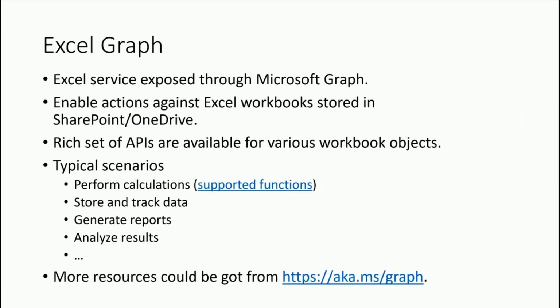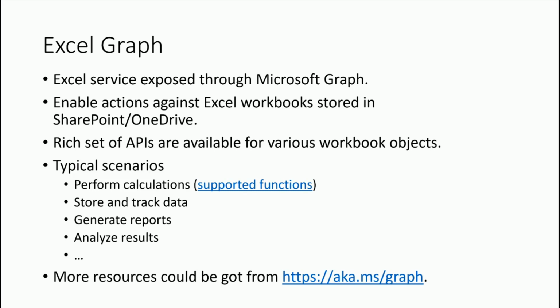Here is about the Excel Graph. This is the Excel service that is exposed through the Microsoft Graph services. It enables actions against Excel workbooks that are stored in SharePoint or OneDrive. And we also provide a rich set of APIs for different workbook objects.